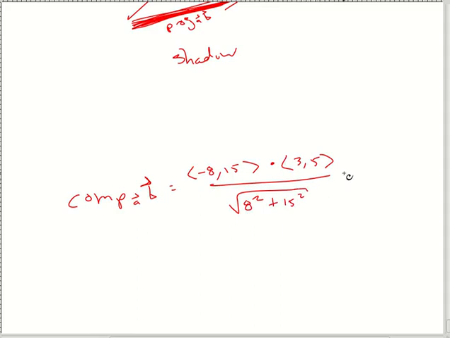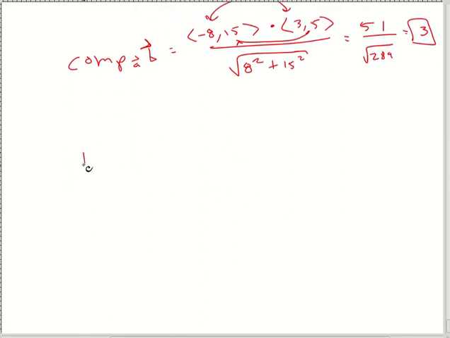So when you dot product, these are multiplied to make a negative 24, and those are multiplied to make a 75. So you result in 51, and then divided by square root of 289. You know what's funny is that this actually ends up being 3. So there's your answer, 3. Okay, the projection, a little bit more important here.